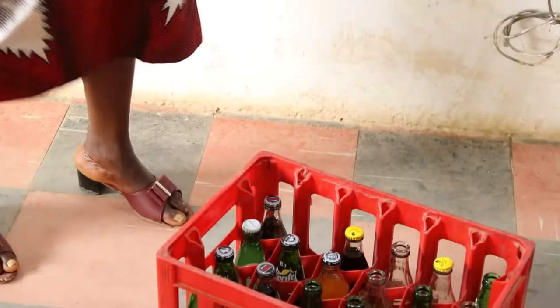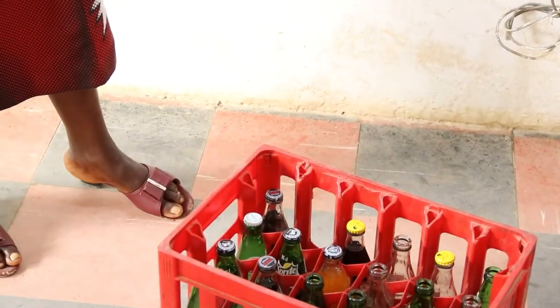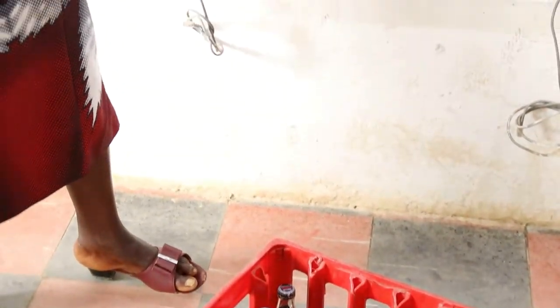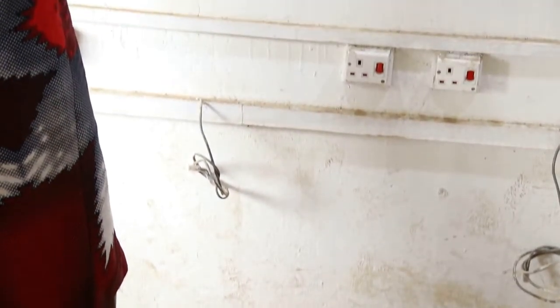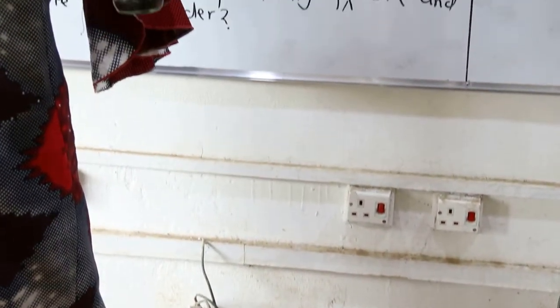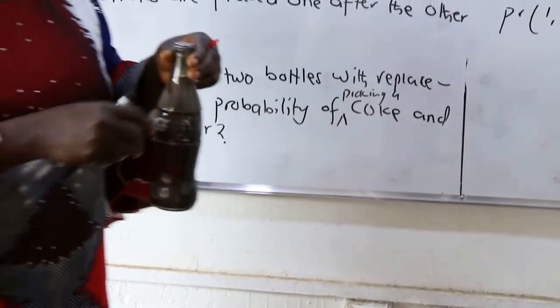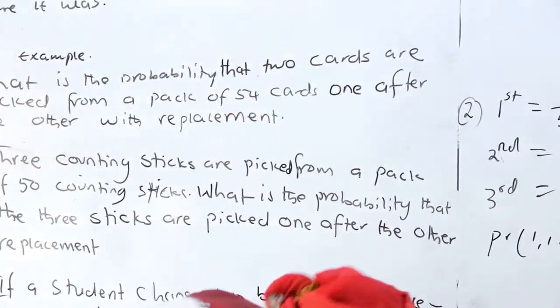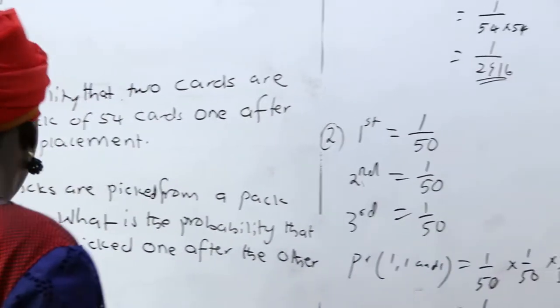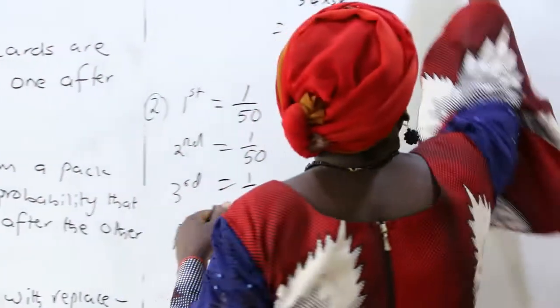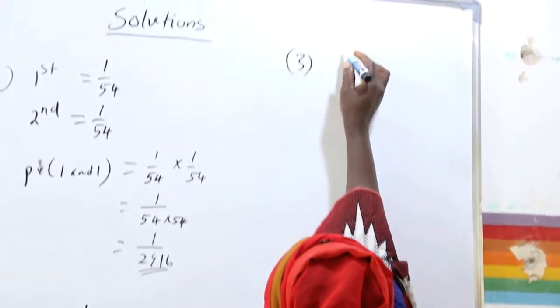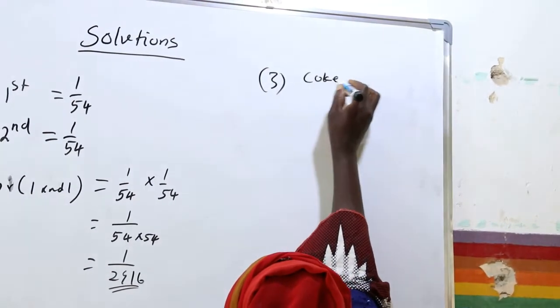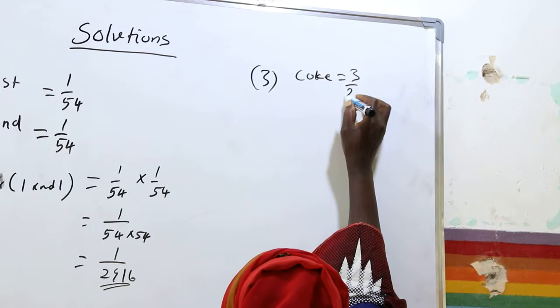So I will have 3 over 24, because there are 3, they have mentioned the name. If they say just pick 1 bottle without name, I will say it is 1 over 24. But now they have mentioned a brand, so it will be 3 over 24. So our Coke is equal to 3 over 24.